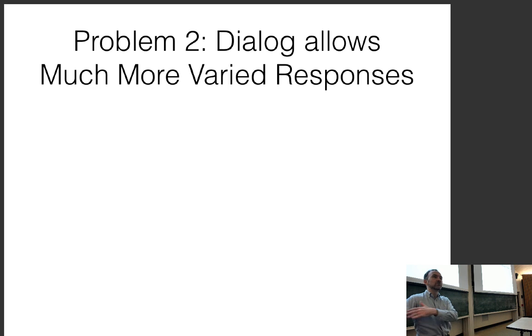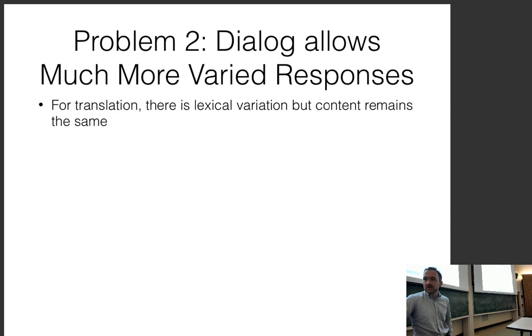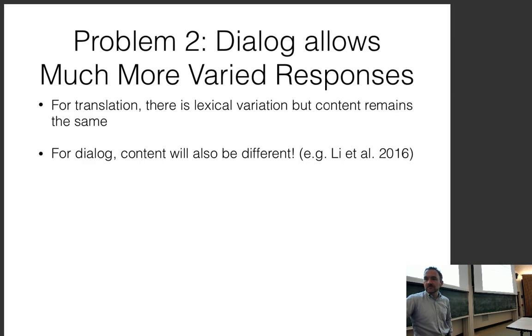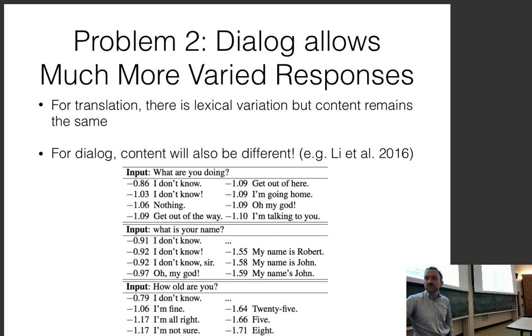There's hundreds of ways you could answer that, right? Whereas if I said, hello, how are you doing? And then wanted to translate, I'm doing good, from some other language into English, there's only a certain number of ways that you could translate I'm doing good. So to summarize, for translation there's lexical variation, but the content remains the same, but in dialogue, the content will also be different.